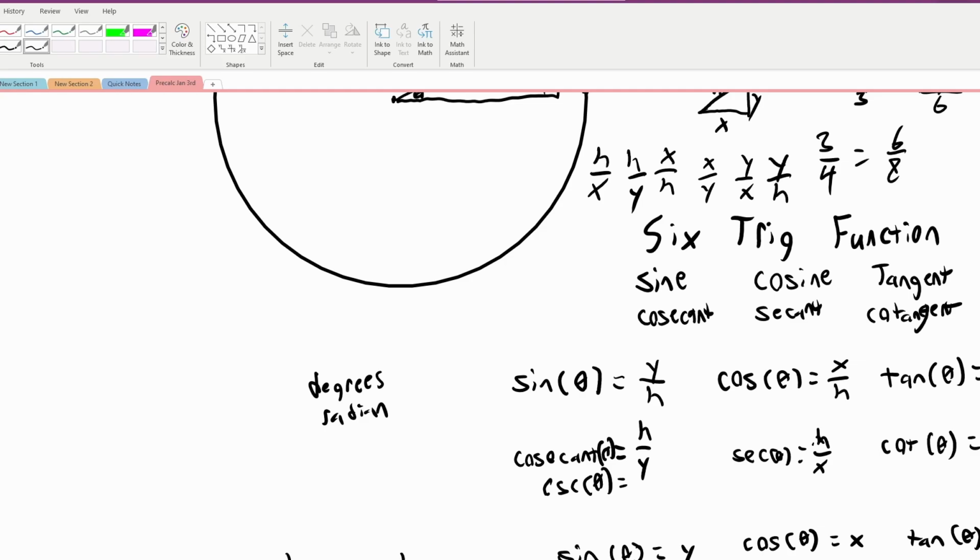On the TI-Nspires, these are a little bit nicer for putting in these reciprocal trig functions. You press the trig button on the left-hand side, and it'll give you a menu of all 6: sine, cosine, tangent, cosecant, secant, and cotangent.